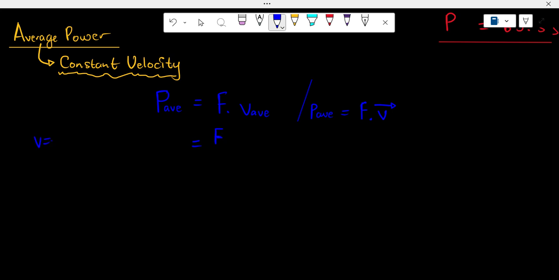You learned this in grade 7. So if I substitute that, velocity is delta x over delta t, which will then be F times delta x divided by delta t. And this is what you would have for your average power.